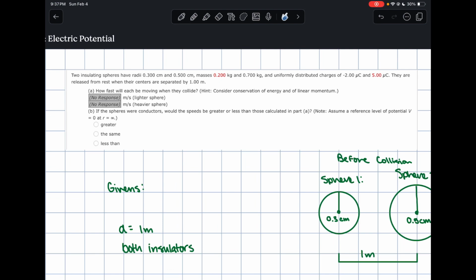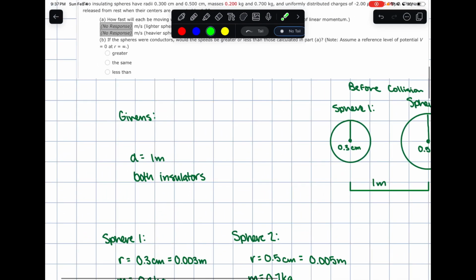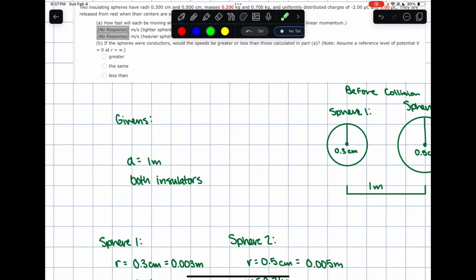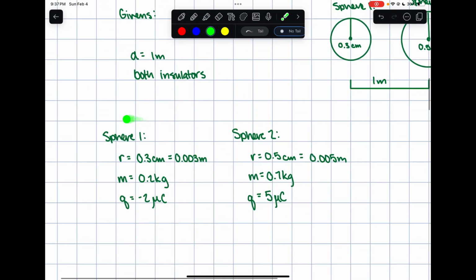First, let's take a look at our givens and draw a picture. For our givens, we are given that they are separated by 1 meter. They're both insulators, and then we can separate even further into the givens for sphere 1 and sphere 2. For sphere 1, we're given the radius is 0.003 meters, a mass of 0.2 kilograms, and a charge of -2 microcoulombs.